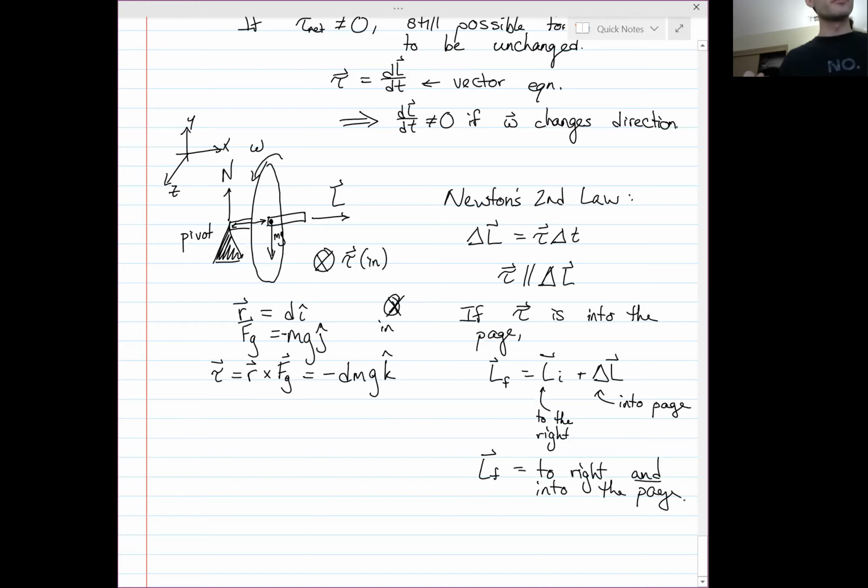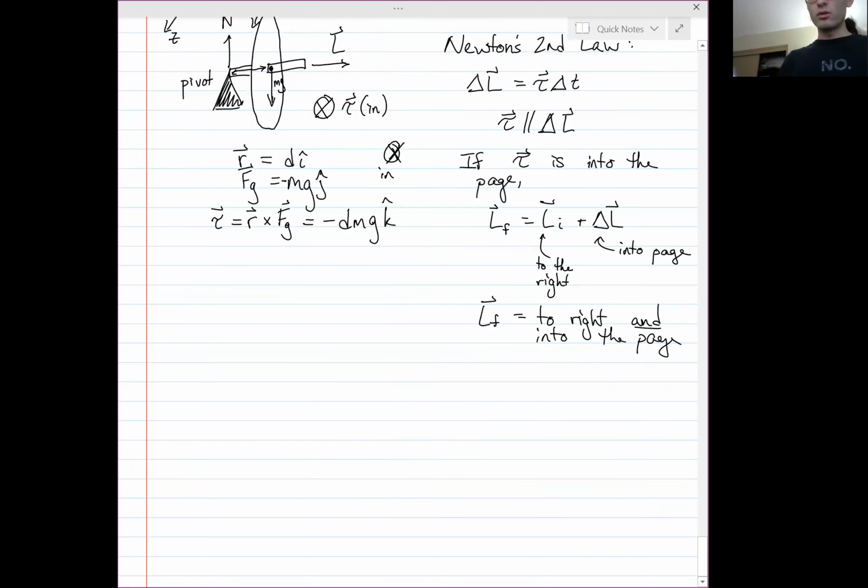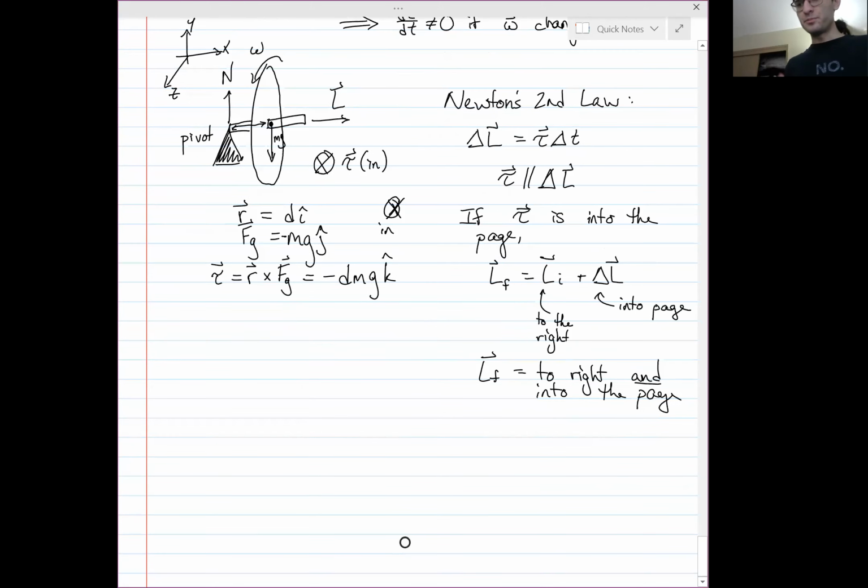So the picture here is that now L is pointing slightly into the page. And so what that means, using the right-hand rule, if you rotate your hand slightly, it's hard to see. Initially, L was pointing to the right, so you had angular velocity going this way.